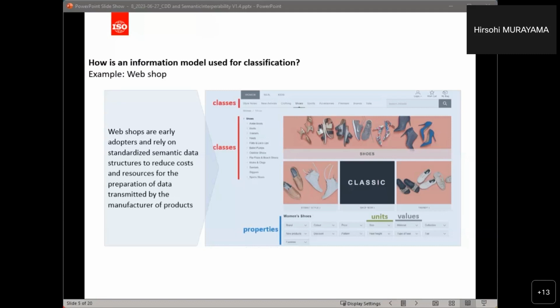And you can order things, you can specify things according to the information provided on the website. So we need to have a common understanding about the terms and meanings of the things. Okay, next slide, please.